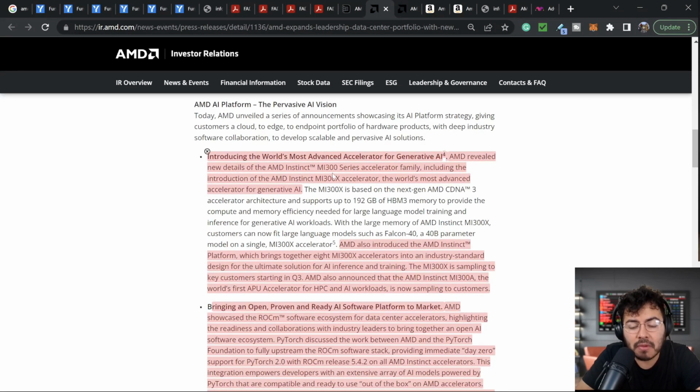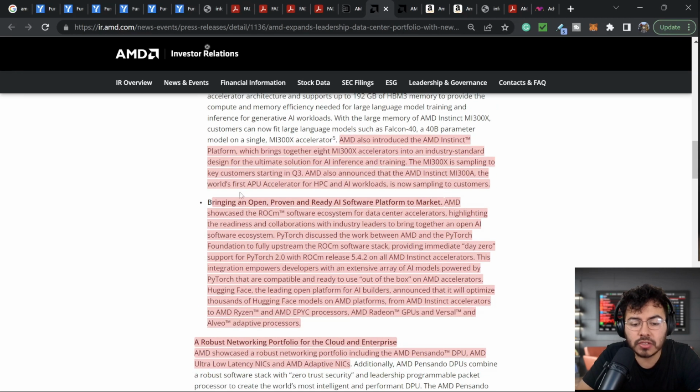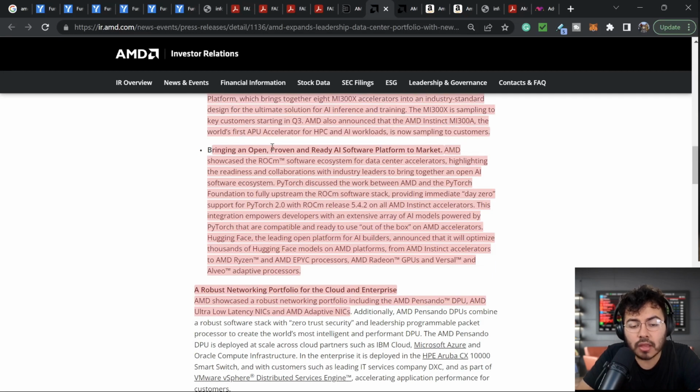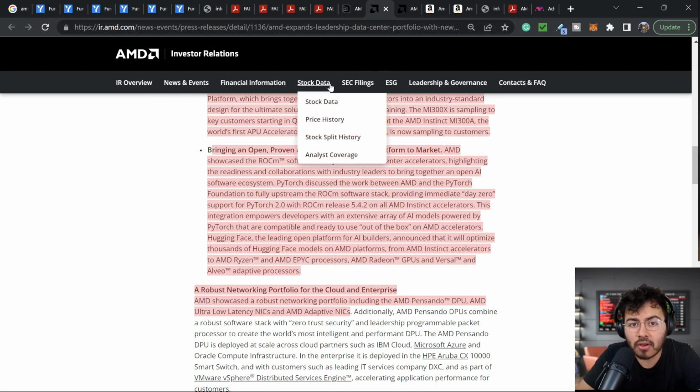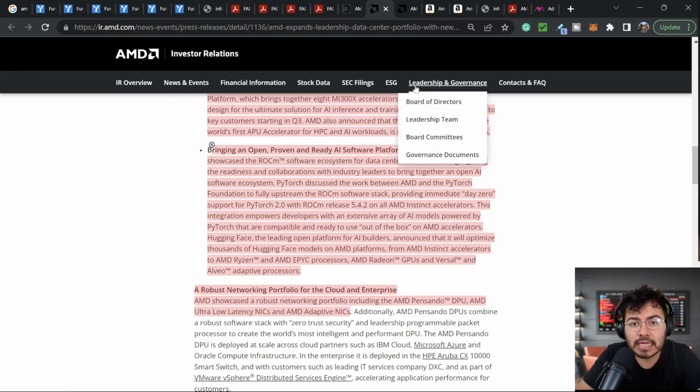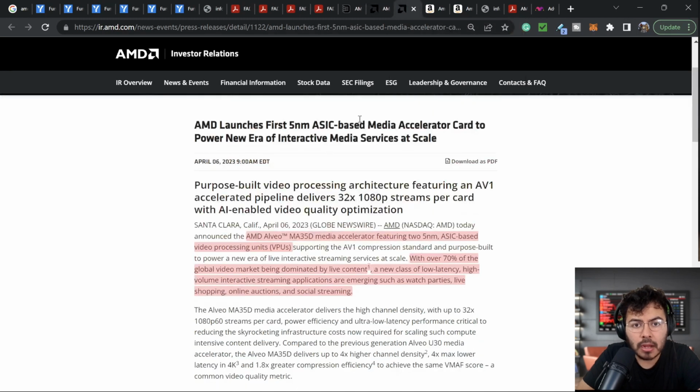They mentioned that the MI300 is expected to come out in quarter 3 and quarter 4 of this year. So if you are excited about the AI market, AMD definitely has some pretty interesting solutions. They also mentioned the strength of their ROCm platform, which is their software platform, to continue to improve their overall software ecosystem for data center accelerators.